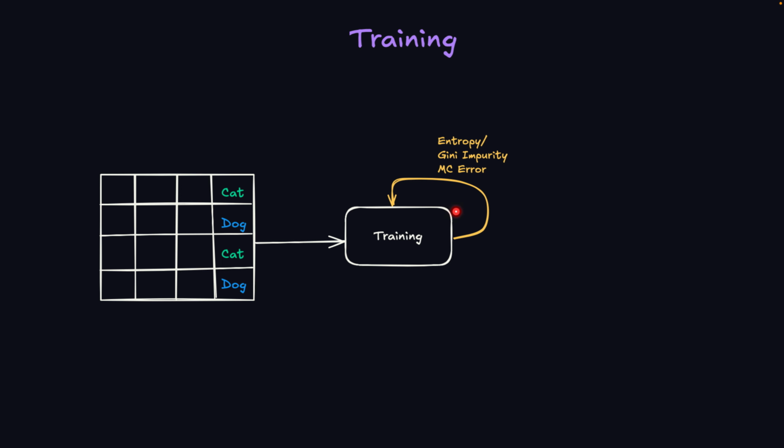One of the measures will be used to guide the training process, and at the end of the training process, we'll have a decision tree. For the training process itself, there are many algorithms like CART and ID3. It doesn't matter what algorithm is used. We'll use one of those algorithms for creating this decision tree from the data. So this is how a decision tree is created from training data.